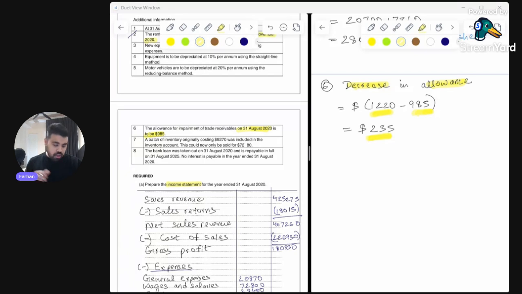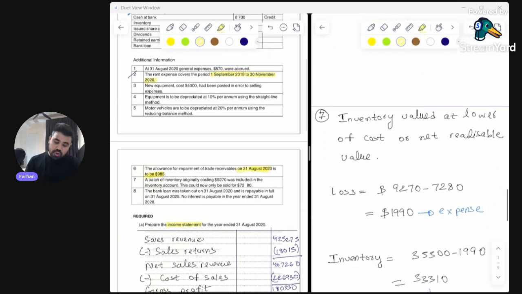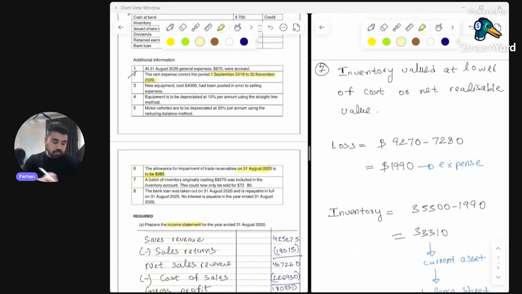Okay. All right. So let's look into additional information number 7. A batch of inventory originally costing $9,270 was included in the inventory account. This could now only be sold for $7,280. All right.